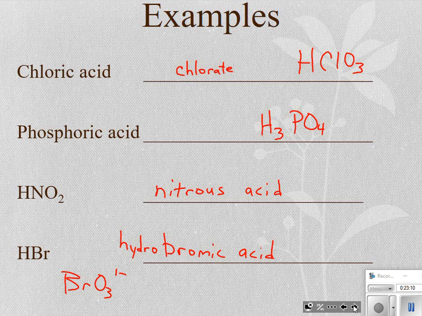It should be there. Bromate, BrO3, negative 1. Now, you know what bromite is? BrO2, negative 1. So, we're looking at simply the anion, what Y is, and Y is whatever the hydrogen is not. Take away hydrogen, and then you'll have the Y.